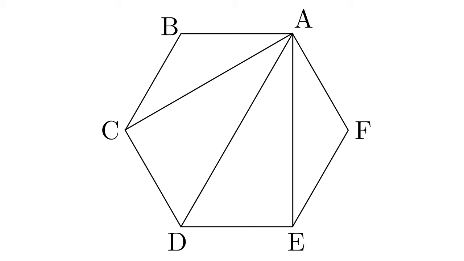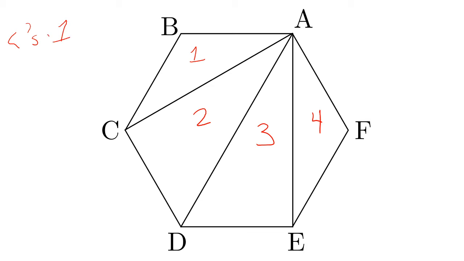So do you see that each diagonal here, AC, AD, and AE, they all divide up the polygon into triangles. So I have triangle 1, triangle 2, triangle 3, and triangle 4. So now that I have those triangles, we remember that the angles of a triangle add up to 180 degrees.